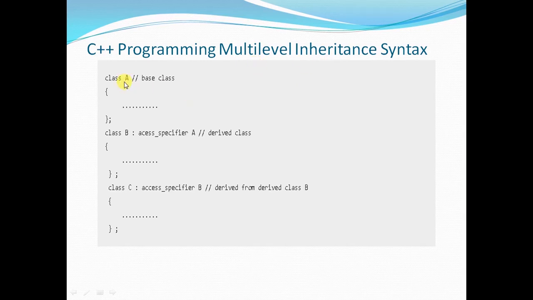Class A is a base class, class B is a derived class from class A, and class C is also a derived class from class B. So that is multi-level inheritance.